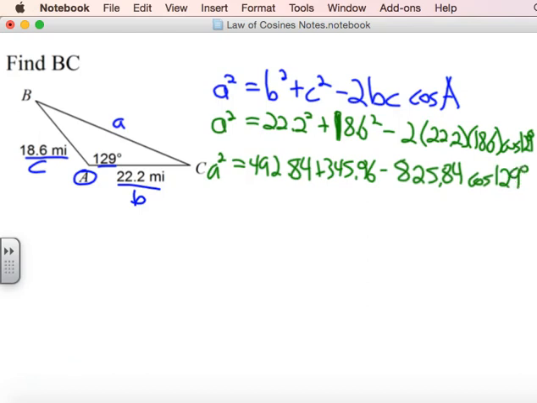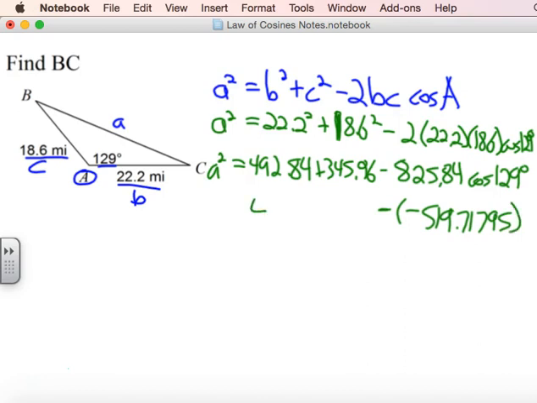Okay, so we can go ahead and times that by cosine of 129. And that gives us negative, so we're minusing a negative 519.71795.